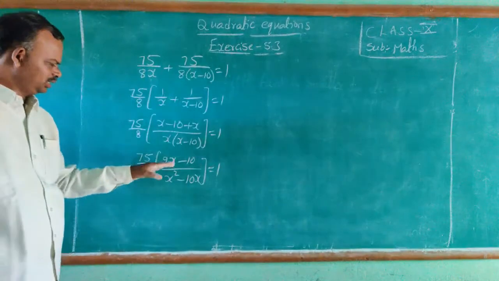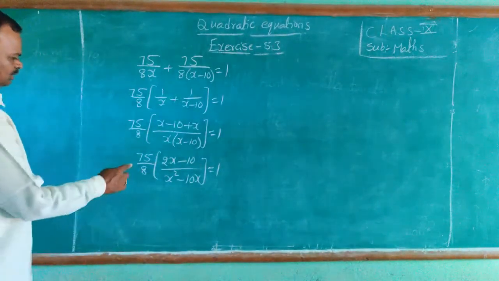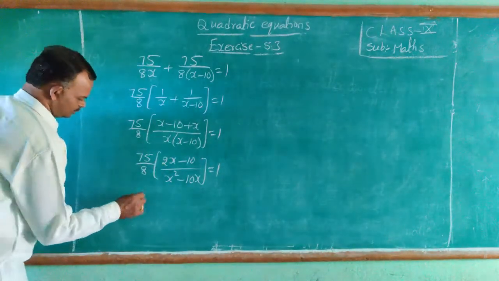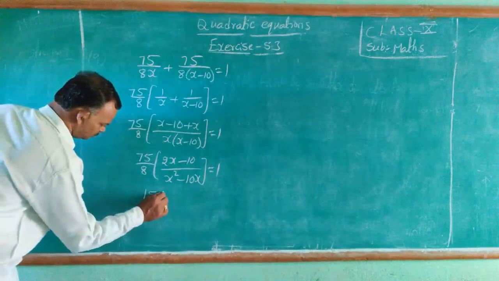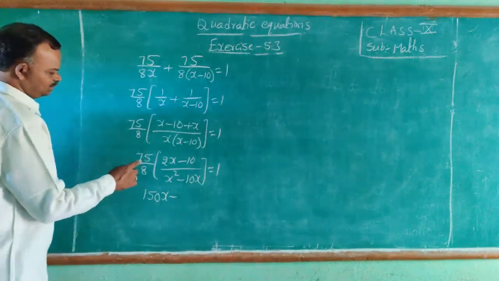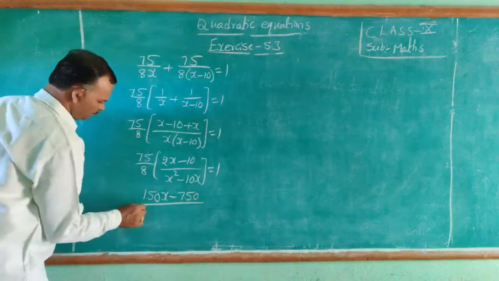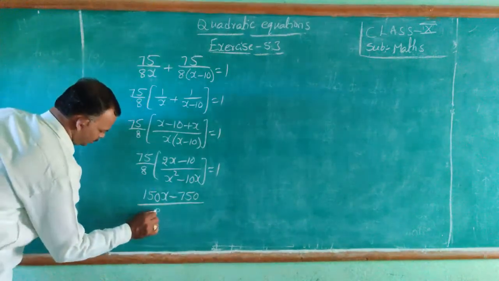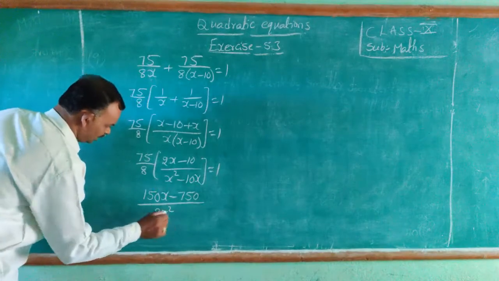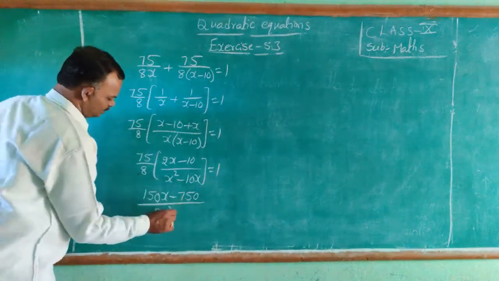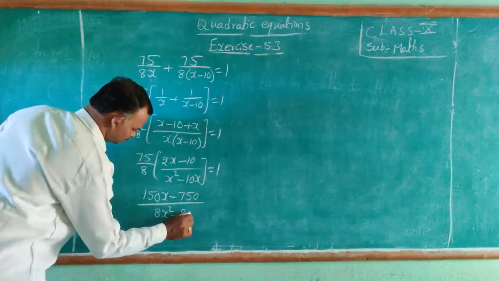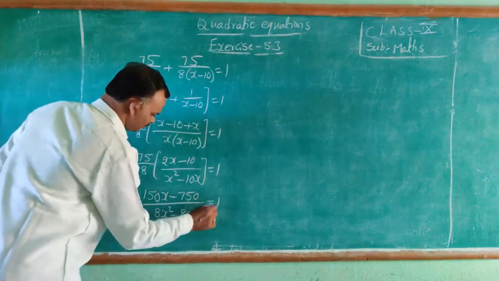Now we are multiplying these two values: 75 into 2x is 150x minus 75 into 10, 750, by 8 into x square, 8x square minus 8 into 10, 80x is equal to 1.